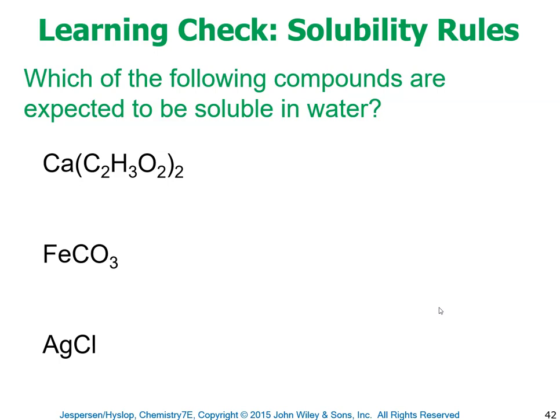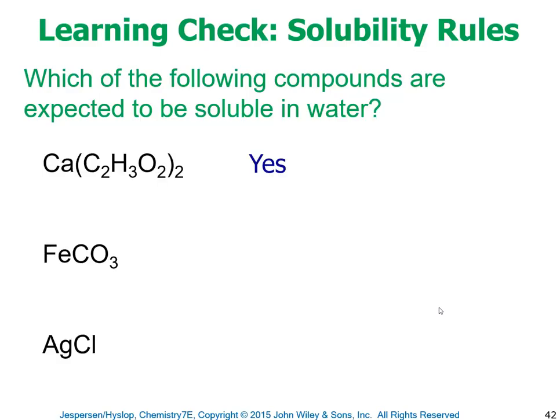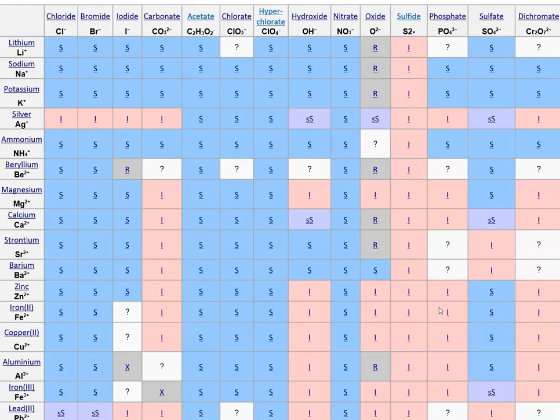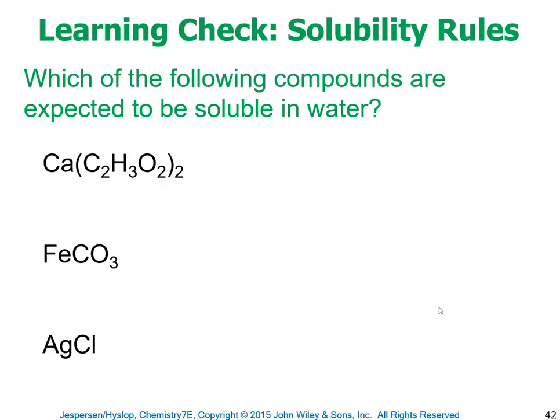Basically, we mentioned a lot of these compounds. The acetate are generally always soluble, so that one is. Iron carbonate, you basically come over here to carbonate. Nope, this is insoluble. And then finally, silver chloride.